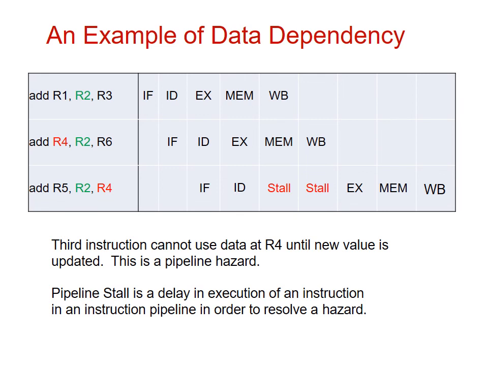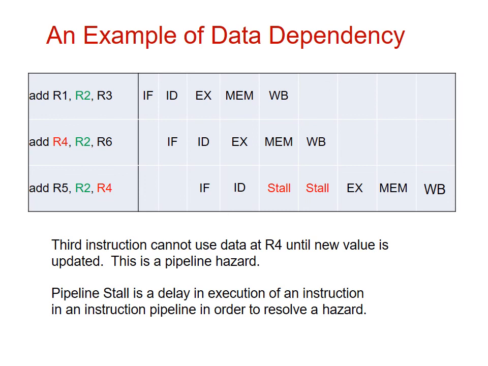Pipeline stall is a delay in execution of an instruction in an instruction pipeline in order to resolve a hazard. So the first instruction can work sequentially, the second instruction can also work sequentially, but the third instruction cannot, because it can go through IF and ID, but it cannot execute, because the updated value of R4 is not ready yet.